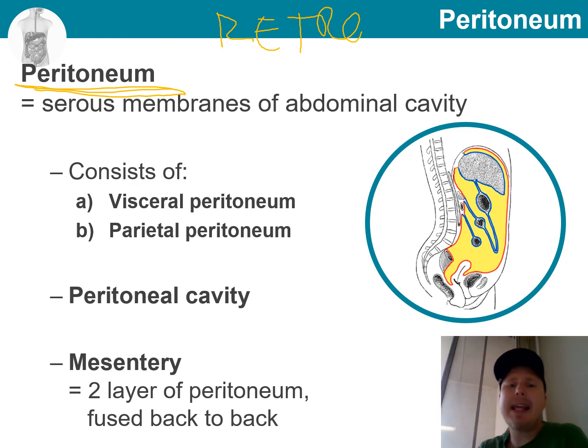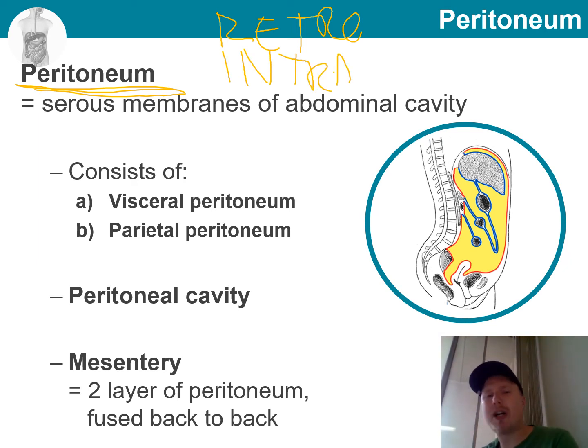And we can have intraperitoneal structures, which are within it. And then, for example, subperitoneal structures would be below it. Think of a bladder as an example of this.